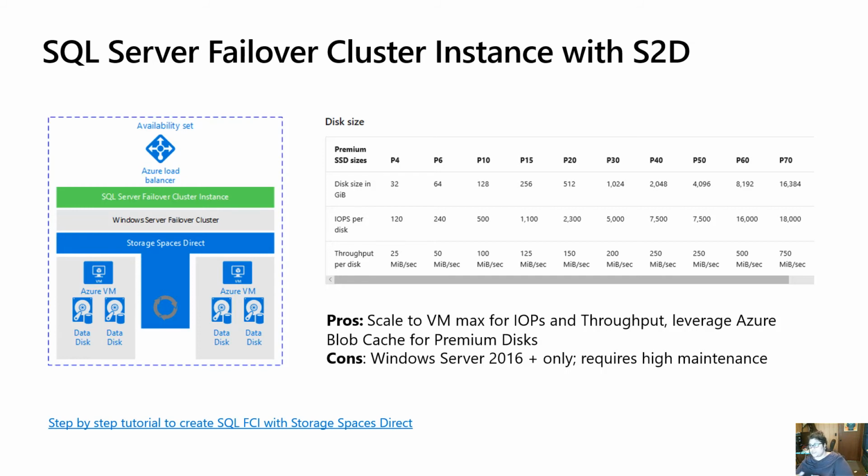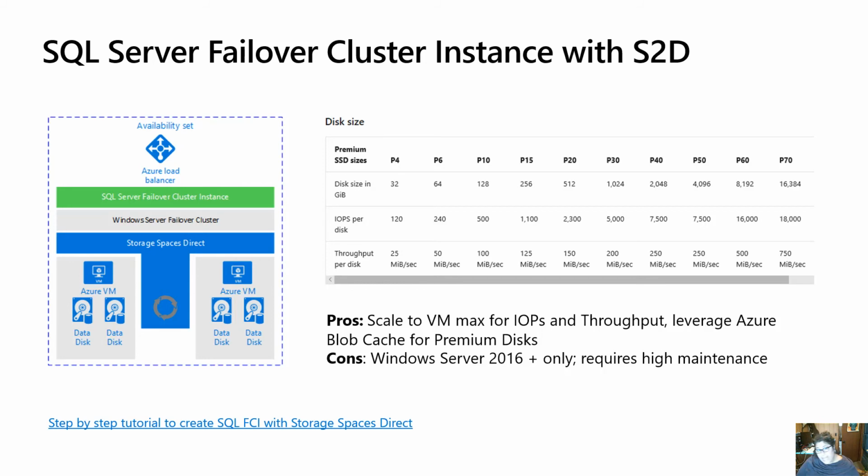In this case, you can leverage those premium disks and those high IOPS and throughput directly by having them in a storage spaces pool. But there's a little more maintenance here because now you need to manage a Storage Spaces Direct cluster. So this may not be the best solution for everyone if you don't want to have that additional piece to manage.